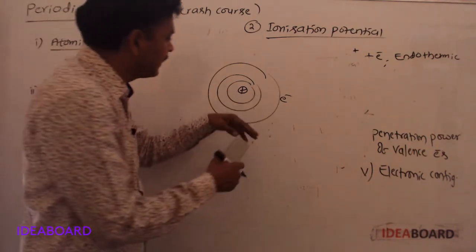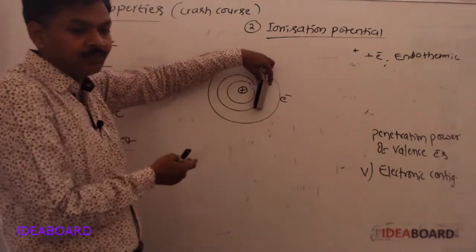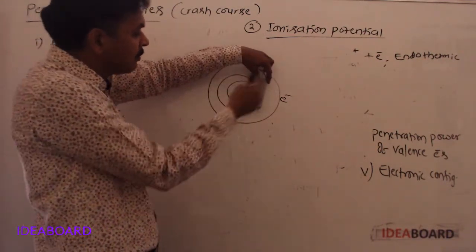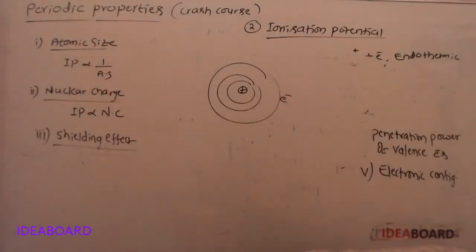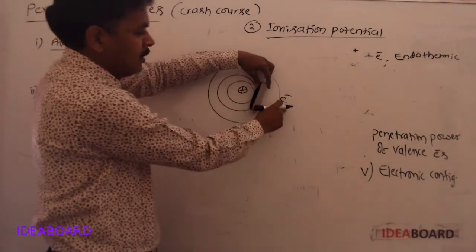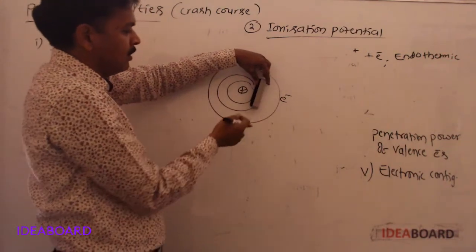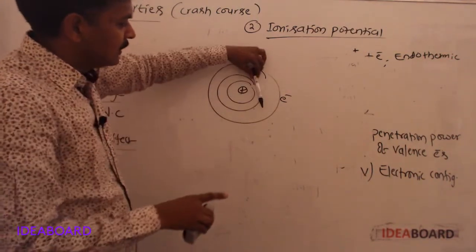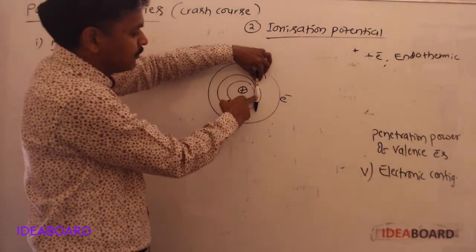If more electrons are there in the inner orbits, then shielding effect will be more. Shielding effect more means the nucleus force of attraction on valence electrons will be less. Then IP will be less. If the number of electrons in the inner orbits is less, then shielding effect will be less.